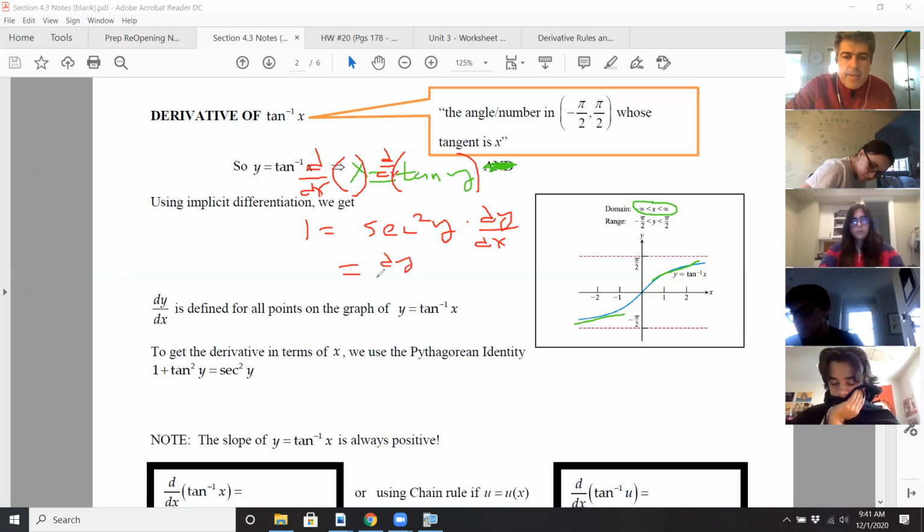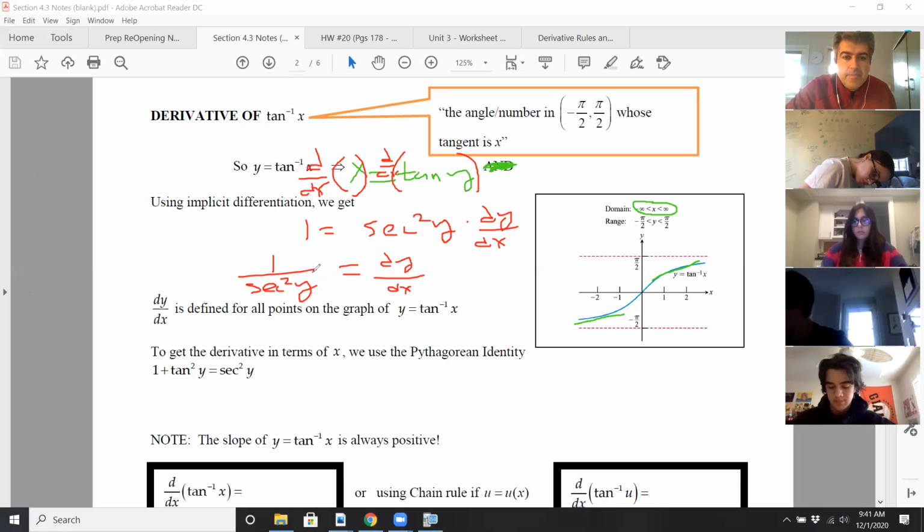So dy over dx will then be 1 over secant squared y. And give me 1 sec here. Something else I'm kind of blanking on.